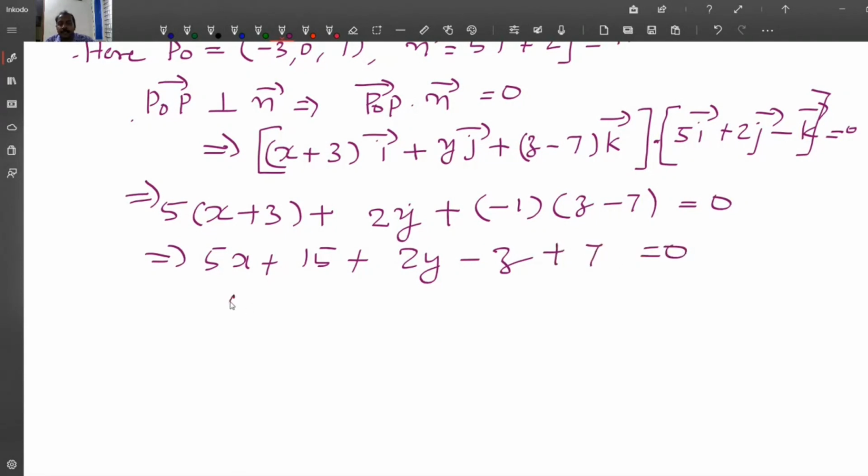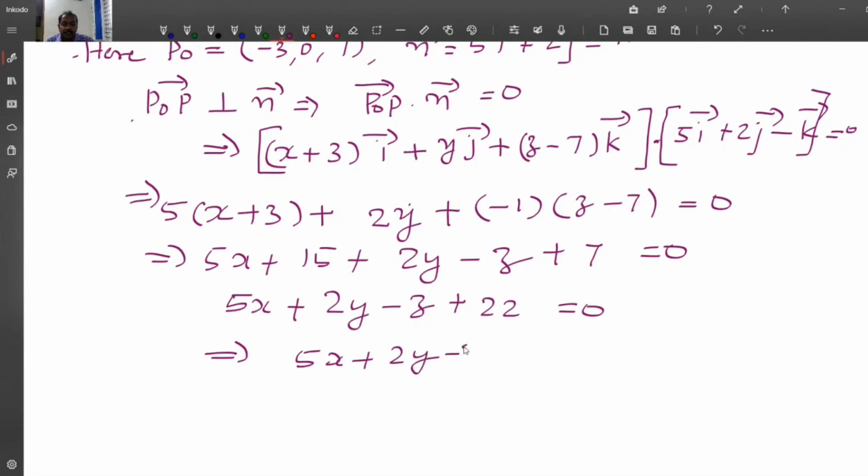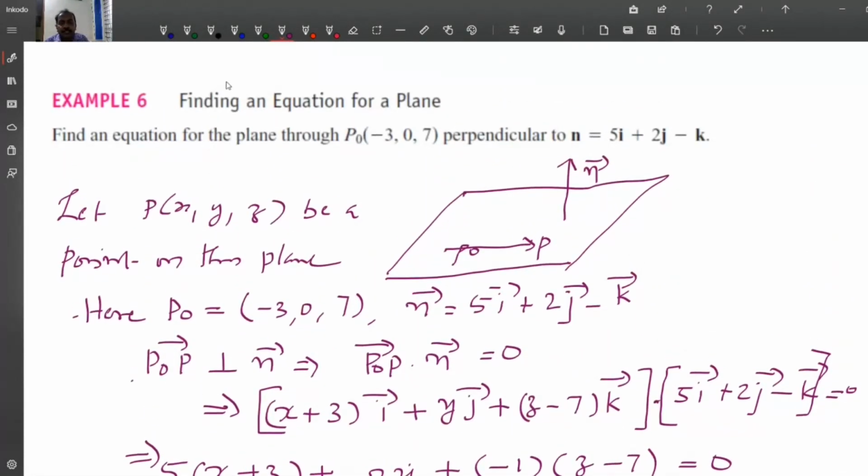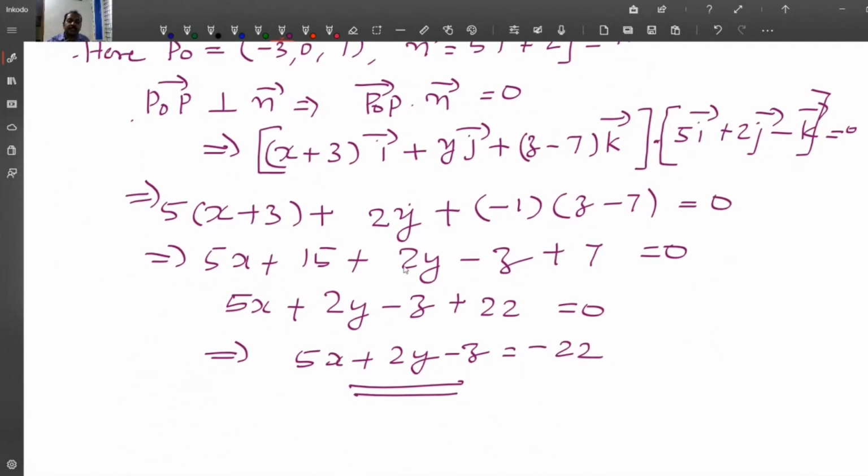So you are getting 5x plus 2y minus z plus 22, this is equal to 0. So this implies 5x plus 2y minus z equal to minus 22. So this is the solution.